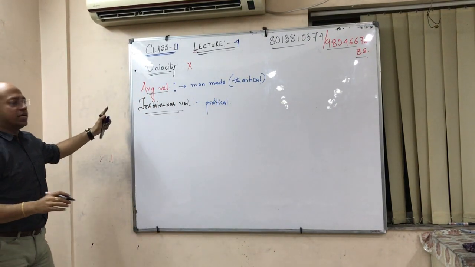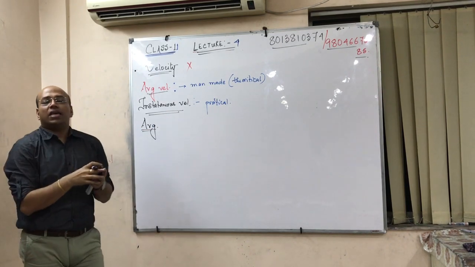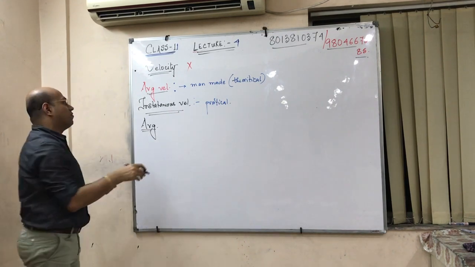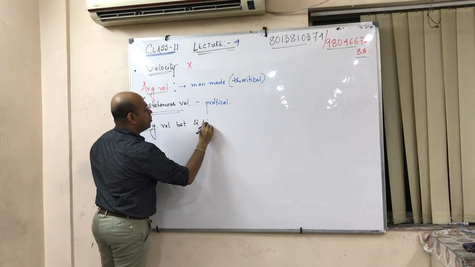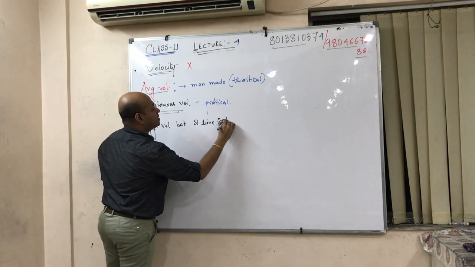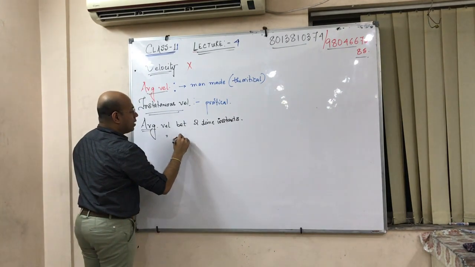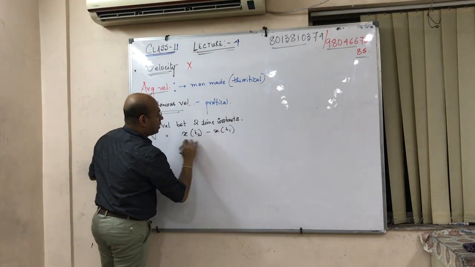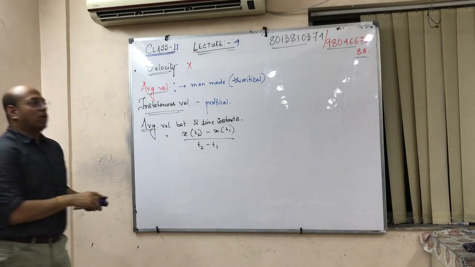You can't say average velocity alone; it is average velocity between two time instants. It is simple: x at t2 minus x at t1, divided by t2 minus t1. This is average velocity.